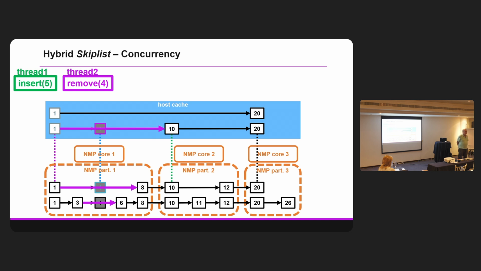It could be interleaving things in its own way. So these aren't terribly difficult or subtle things, but I'm pointing out that you can't just naively take your data structure and drop it into the near memory processing and have it work. You have to watch out for concurrency bugs.